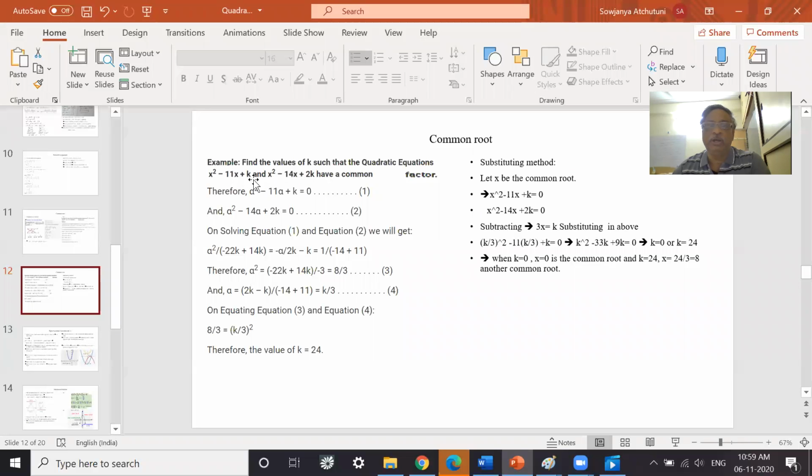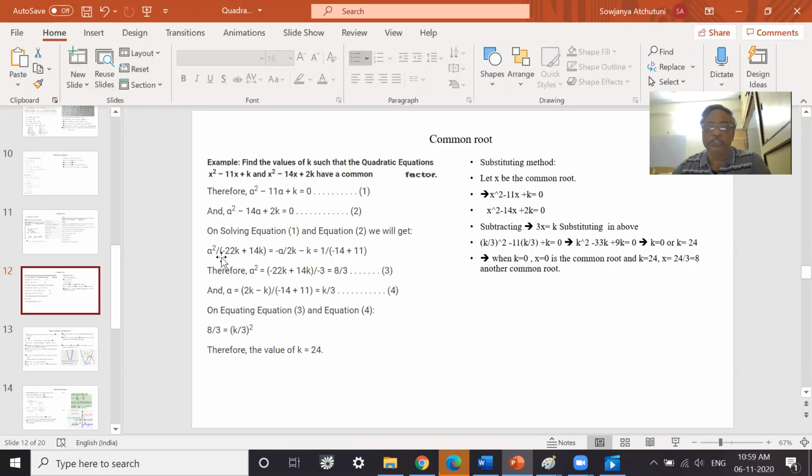x square minus 11x plus k and x square minus 14x plus 2k have a common factor. When they have a common factor, what does it mean? y is 0 when x has some common value. So this is the earlier method.